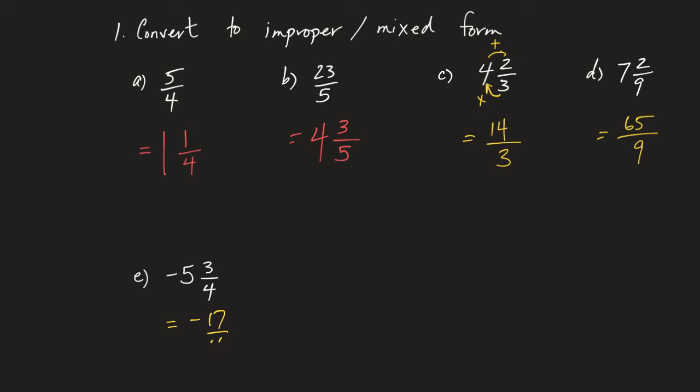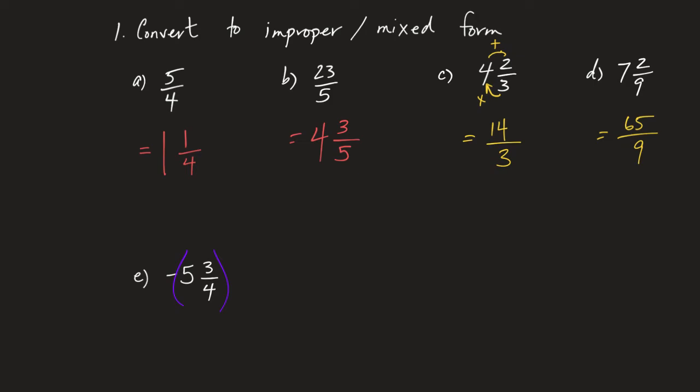Maybe you know, and if not, this may be brand new to you, that really what negative 5 3/4 means is that you have 5 3/4 and it happens to be a negative value. There are actually hidden brackets in that expression. Math people are lazy. They don't want to write stuff that they don't have to. So the whole mathematical world got together and said, if we have a negative mixed number, there are really brackets around the number portion.